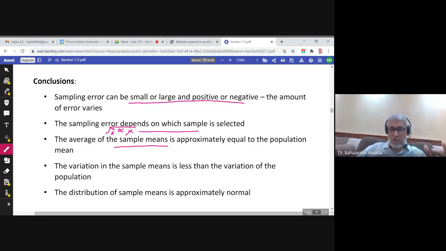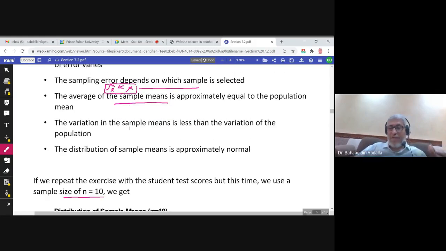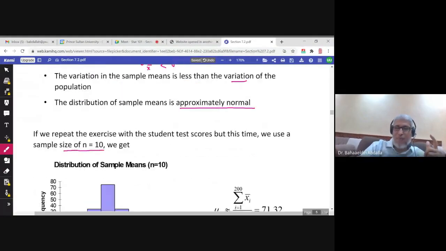So this is our conclusion. Mu X bar is equal to mu. The variation in the sample means, this is sigma X bar, is less than sigma, variation of the population. They are not equal. The distribution of sample means is approximately normal. And this is a very important conclusion.